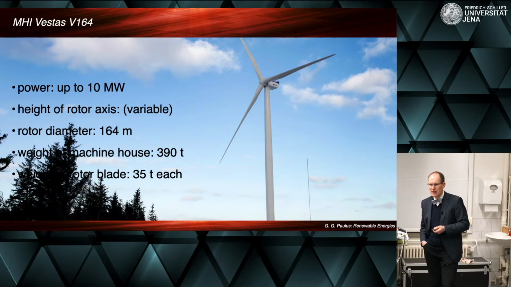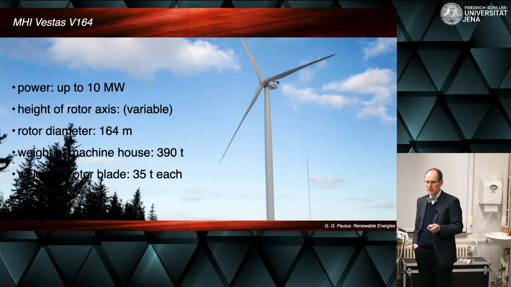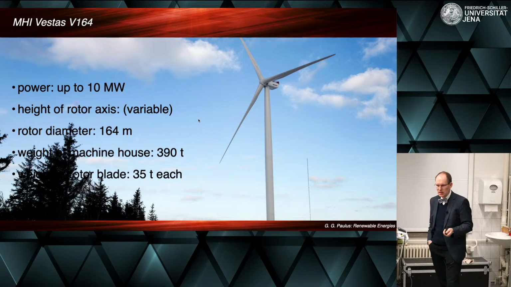And finally here, Mitsubishi Heavy Industries, Vestas windmill. So Vestas, this big Danish company, they run their offshore activities together with Mitsubishi Heavy Industries. And this here is a 10 megawatts machine, rotor diameter of 164 meters.